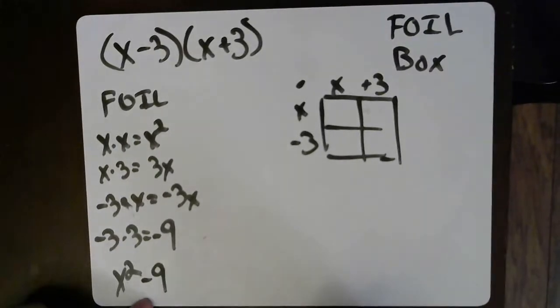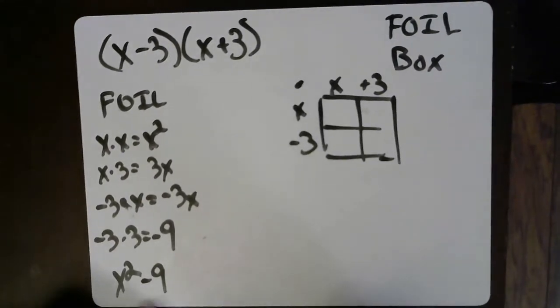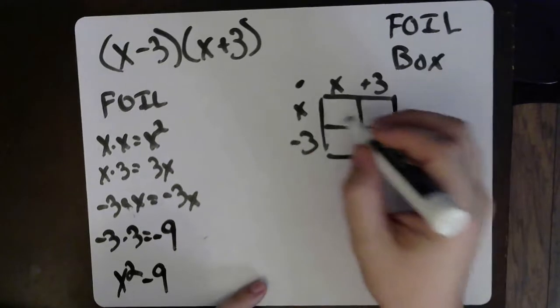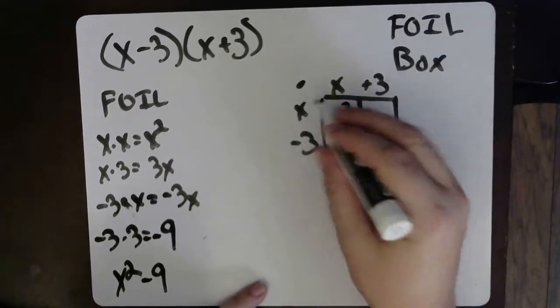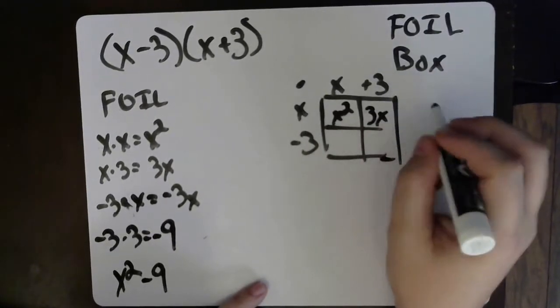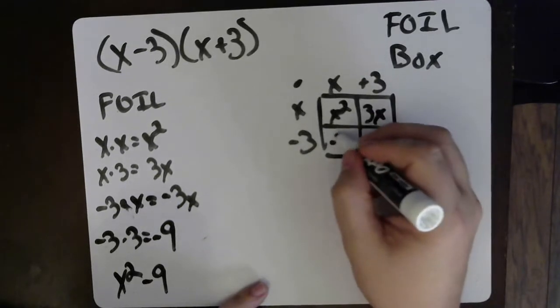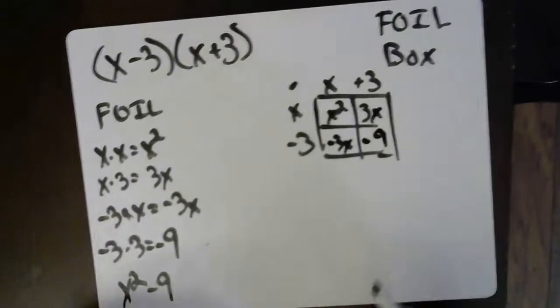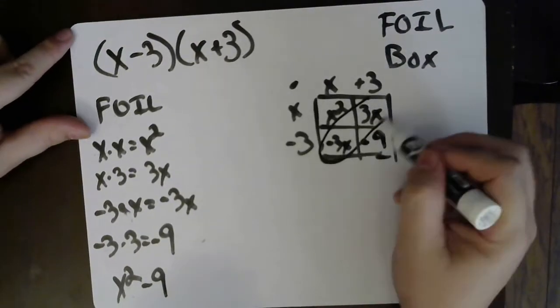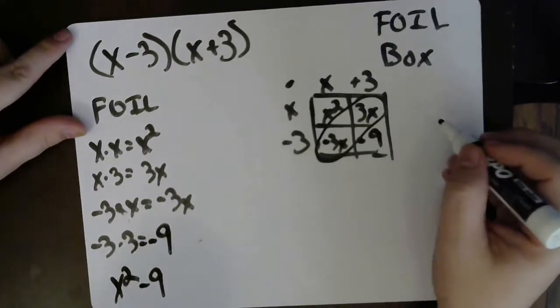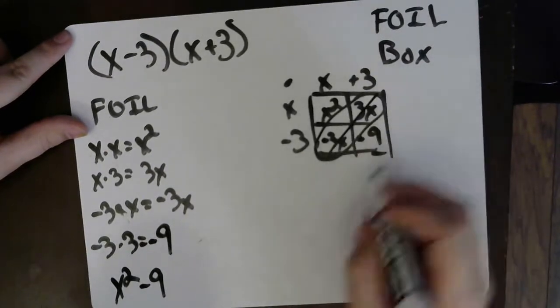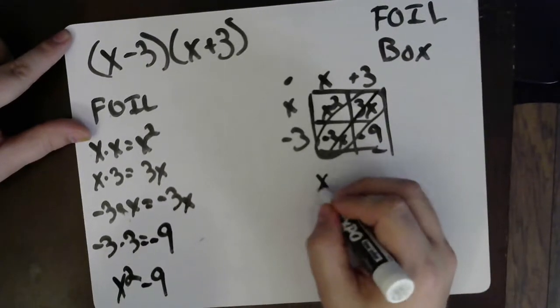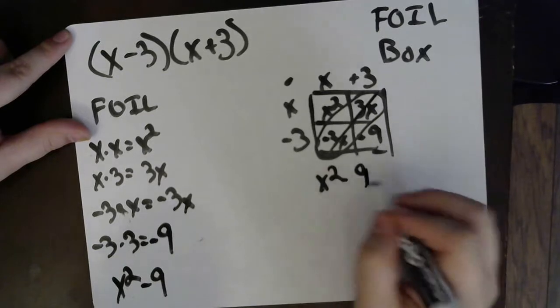Interesting, right? If you haven't seen that before, it's called a difference of squares. Let's try this one with the box. x squared, x times 3 is 3x, negative 3 times x is negative 3x, negative 3 times 3 is negative 9. Again, these combine: negative 3x plus 3x is 0, so I'll just cross those out. What am I left with? x squared minus 9.